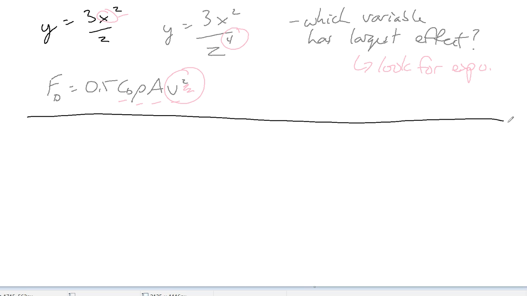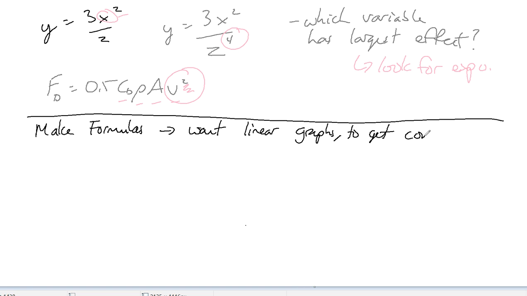When you actually make formulas, you want linear graphs, and you want them in order to actually get constants. That's what you want. So, for example, let's take something really simple. Let's actually use this expression right there.